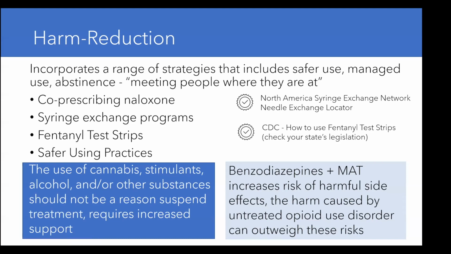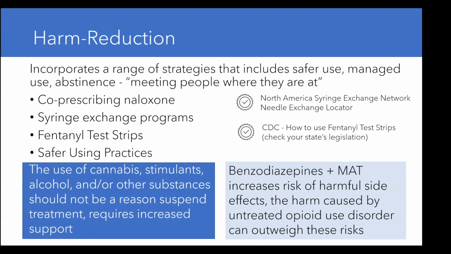So this slide reviews some information on harm reduction. According to SAMHSA, harm reduction involves direct patient engagement to prevent overdose, prevent disease transmission, and improve overall quality of life and well-being. And I have this from the Harm Reduction Coalition.